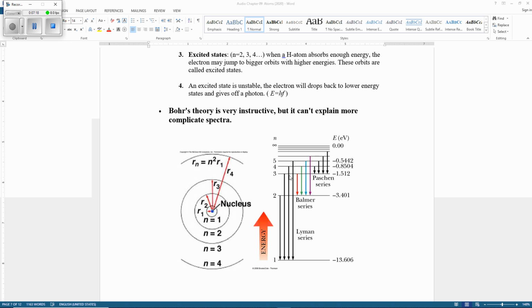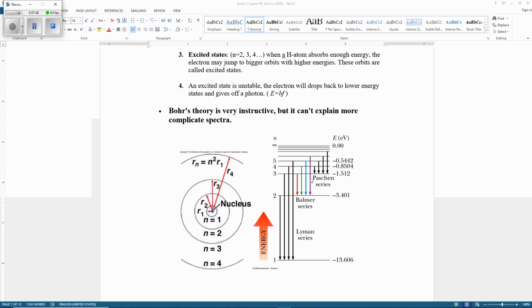So when the electron goes from the second one, third one, number 4, number 5 back to 1, this color you cannot see because it is ultraviolet, higher frequency. But when going from high energy back to the second one, we can see the color. You can see the red, green, and other colors.